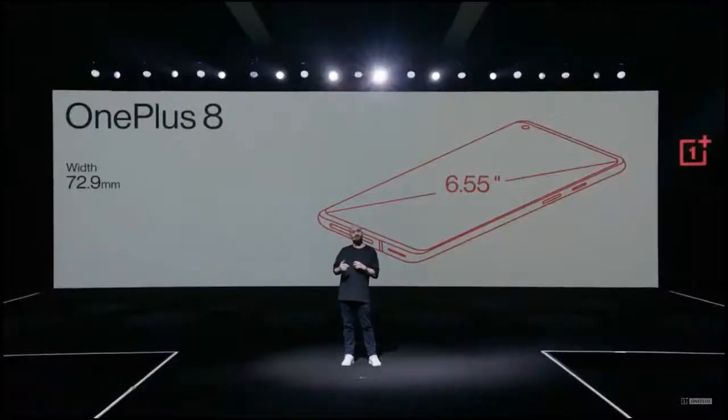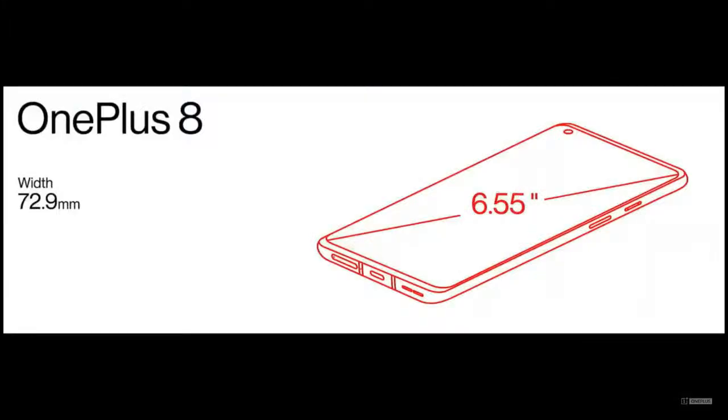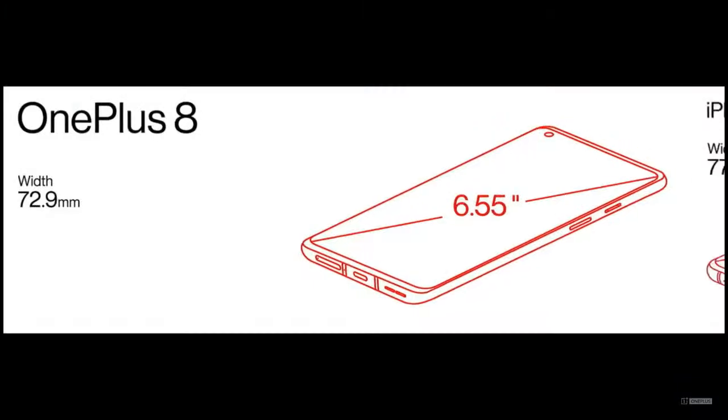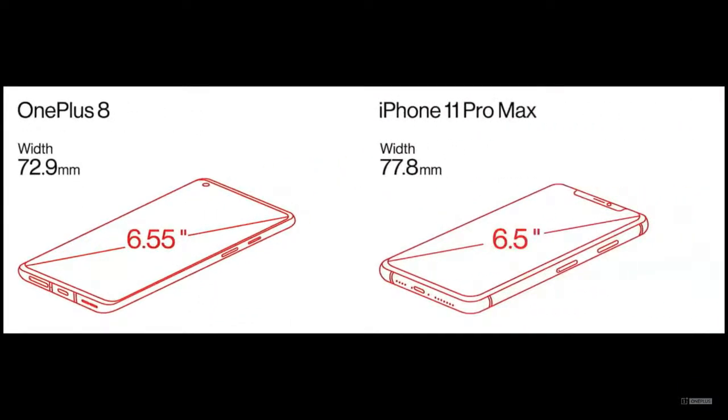So let's take a closer look at the size. The OnePlus 8 has a full 6.55-inch display. And with slim bezels on both sides, we've managed to get it down to just 72.9 millimeters wide. But how does that stack up to some of the other phones on the market? Well, for the sake of comparison, the iPhone 11 Pro Max comes with a 6.5-inch display, but it's a pretty massive 77.8 millimeters wide.